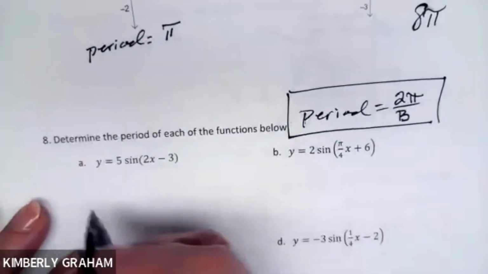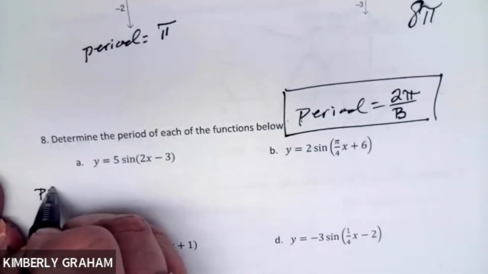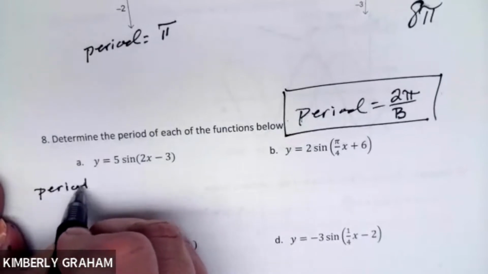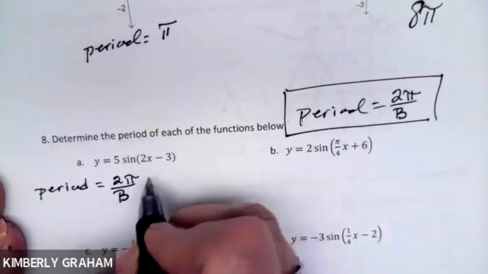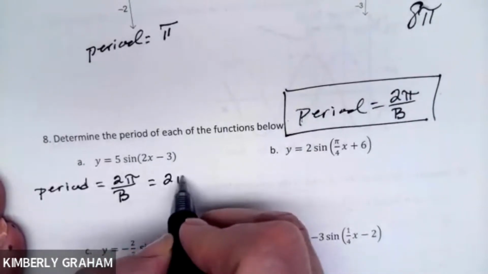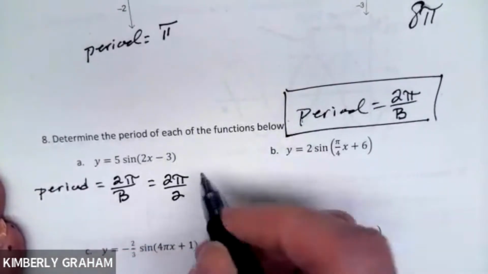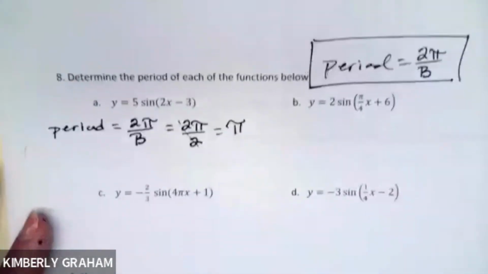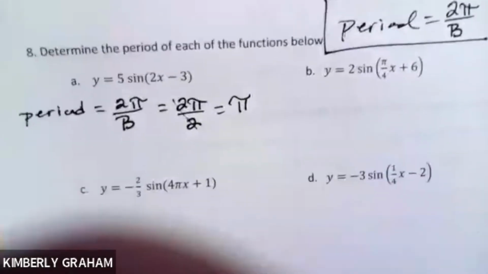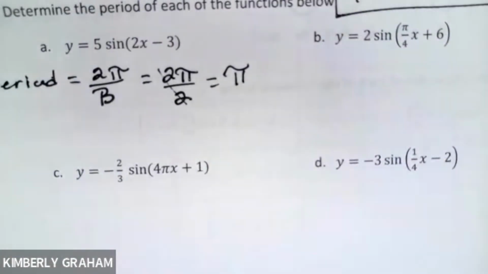So this period here is 2 pi over b. So in this case, it's 2 pi over 2. The 2's cancel, and that's pi. Questions with that?